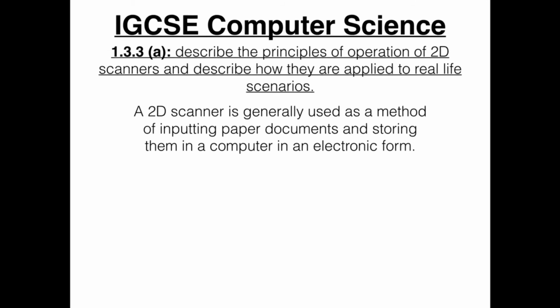There are quite a lot of devices that we have to cover in this topic. A 2D scanner is something that can scan or input a physical object, usually paper documents, and store them in a computer in an electronic form, such as a PDF or a JPEG.